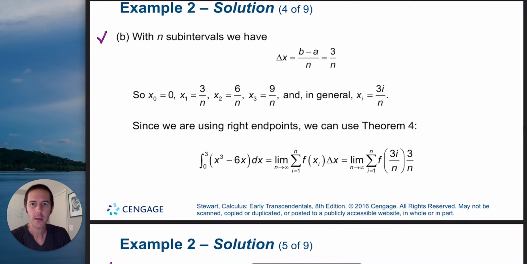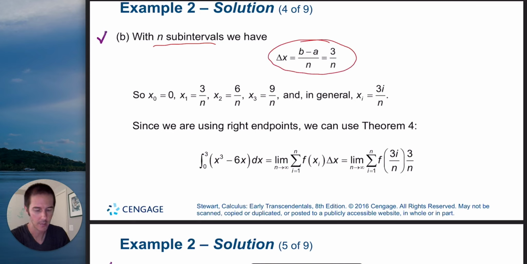In part B, with n subintervals, right, so in part B, we're still working with n subintervals. We're still taking from 0 to 3, b minus a, still equal to 3.